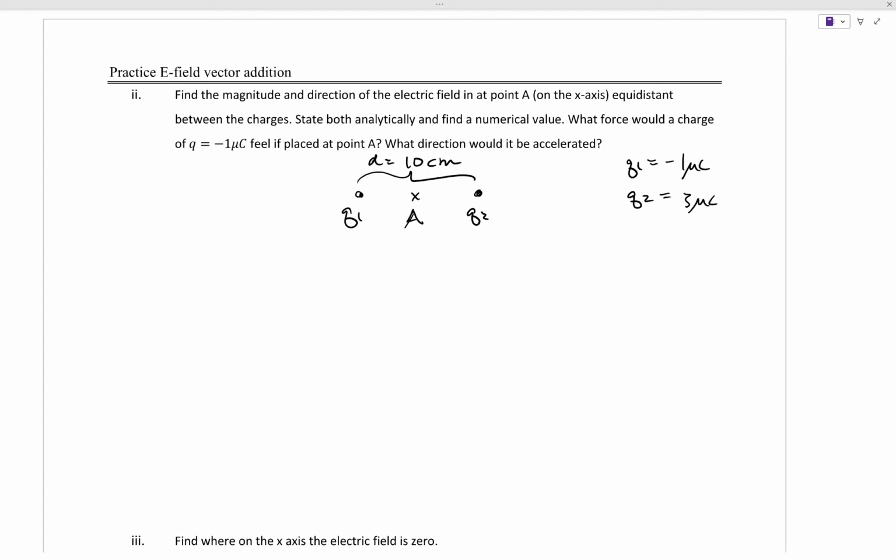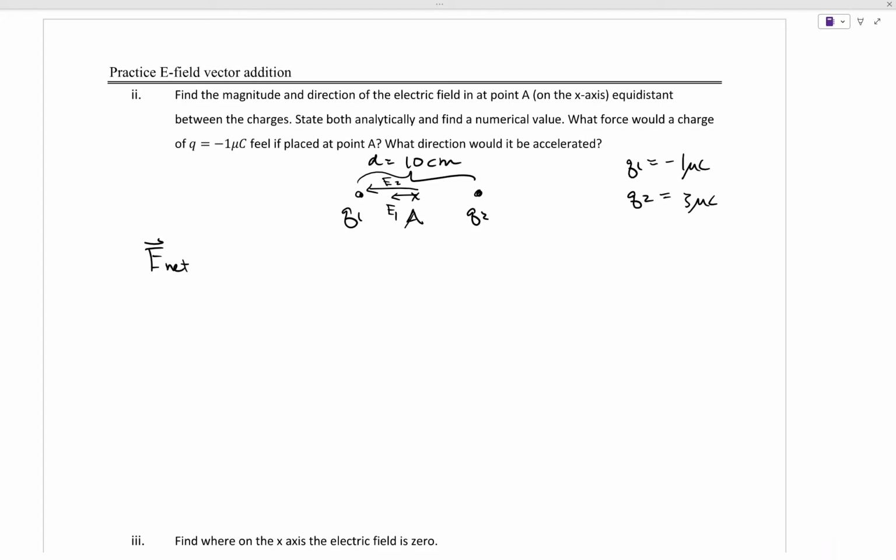So to find the electric field, we can think of this as there being 2 contributions. There would be a contribution from Q1, maybe call this one E1, and then there would also be a contribution from Q2, call that one E2.